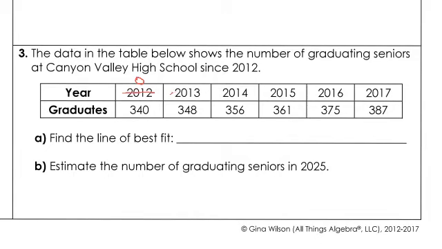And that means 2013 would be year 1. It's 1 year after your starting year. 2014 becomes year 2, 15 year 3, 16 year 4, and 17 year 5. So that your X values are not 2012, 2013, but your X values are 0, 1, 2, 3, 4, 5.